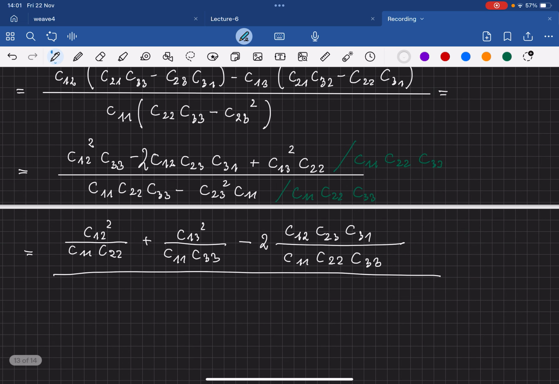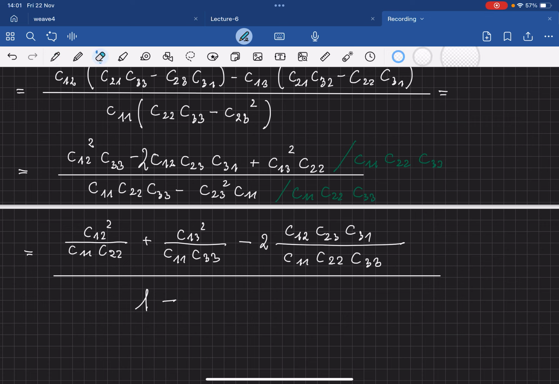Okay, and in the denominator we have 1 minus, C11 cancels, and we get C23 squared divided by C22, C33.